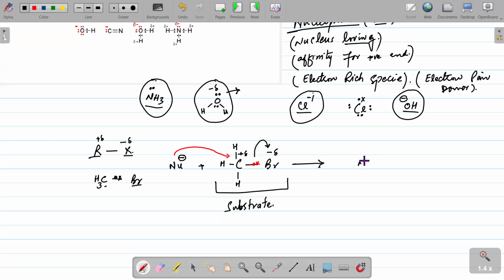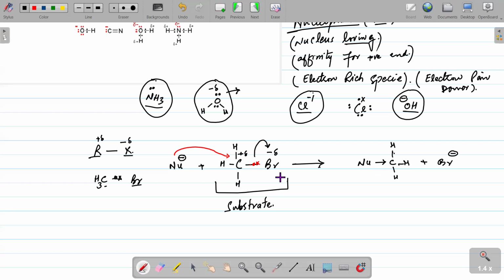The nucleophile makes a bond with the carbon. And which type of bond? The nucleophile is using its pair of electrons, so I can say it's a dative bond, a coordinate covalent bond. And the bromine atom leaves as Br negative, right?